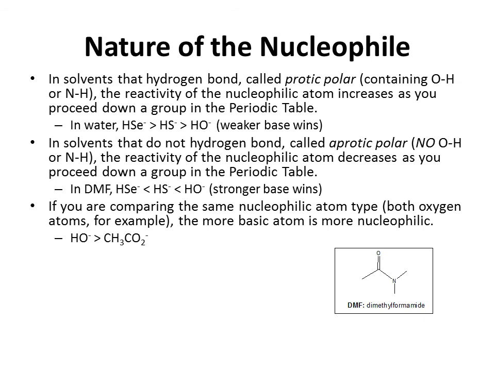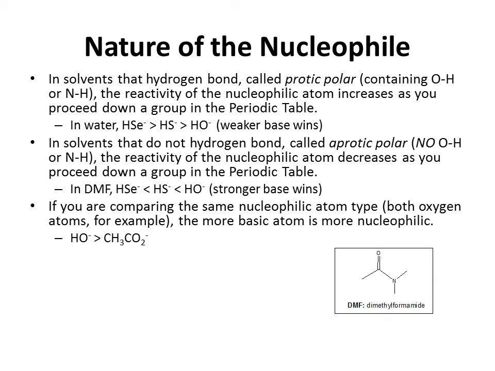In solvents that hydrogen bond, called protic polar, which are solvents that contain OH or NH, the reactivity of the nucleophilic atom, which is the one that can donate a lone pair to the partially positive carbon, increases as you proceed down a group in the periodic table. So for example, in water, which is a protic polar solvent, HSe- is more nucleophilic than HS-, which is more nucleophilic than hydroxide.